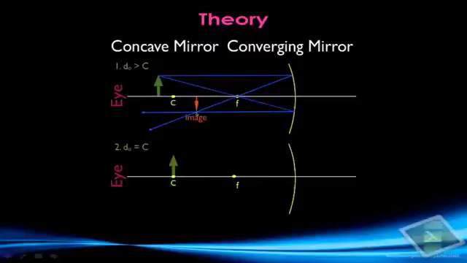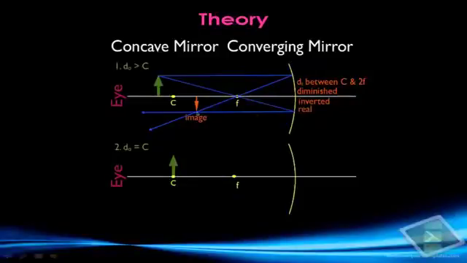Based on that ray diagram, when the object is beyond C, greater than C away from the mirror, the image will always be somewhere between C and 2F. The image will always be smaller than the object, inverted, and a real image. It's an image created by converging light rays, and they converge right there at that point.